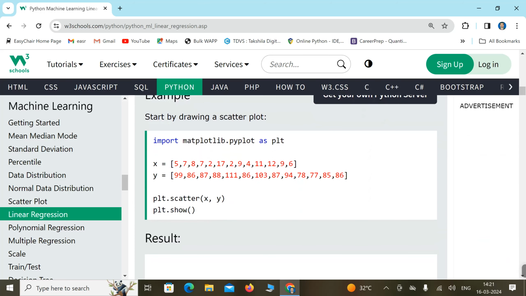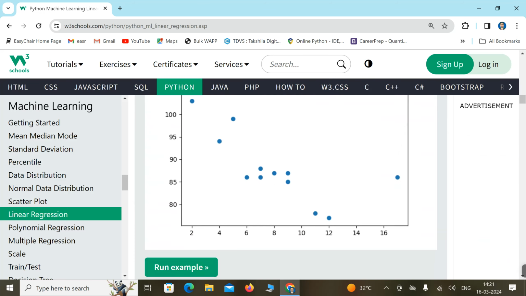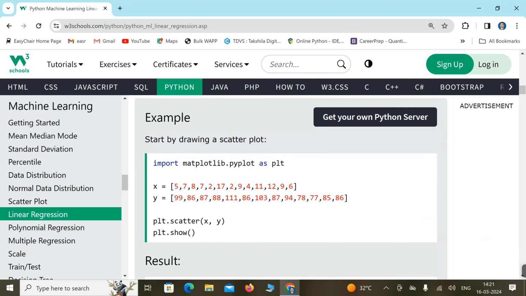Now, let us draw a plot by taking two axes. First axis is the age, second axis is the speed. But in this example, it is given in general.